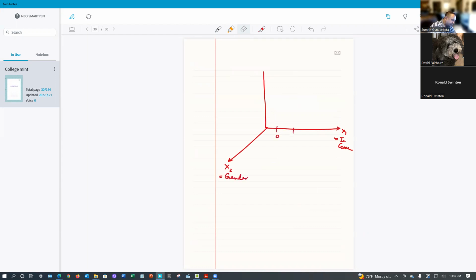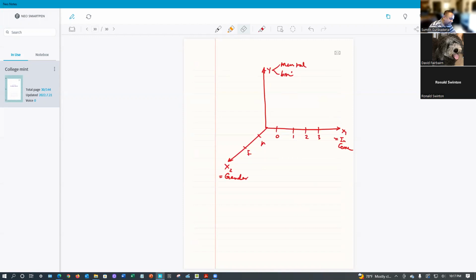So here you have 0, 1, 2, and 3, and here you have female and male. Then on the Y, you have 2 readings, the response variables: one is mental, the other one is BMI.